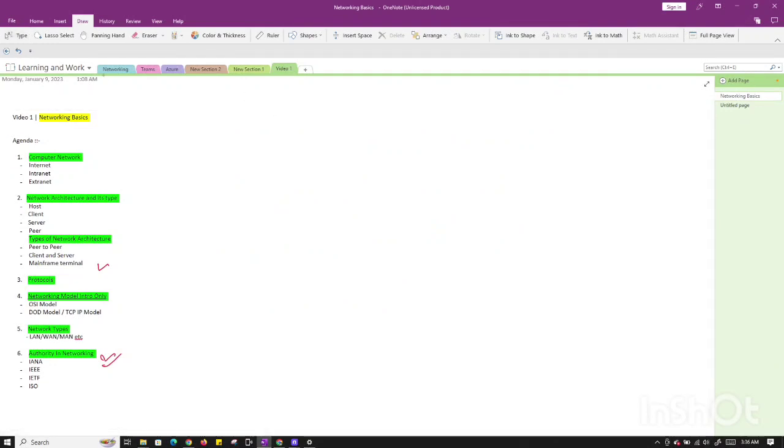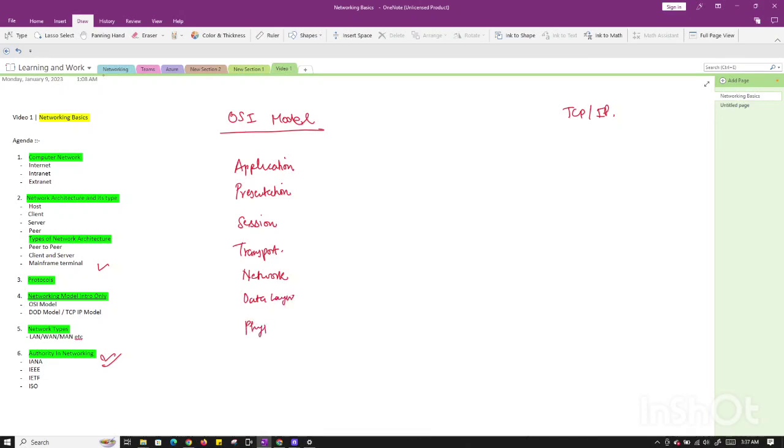So the OSI model. The OSI model consists of 7 layers. First one is the application layer. Second one is presentation. Third one is the session layer. Then we have the transport layer. Then the network layer. Then the data link layer.